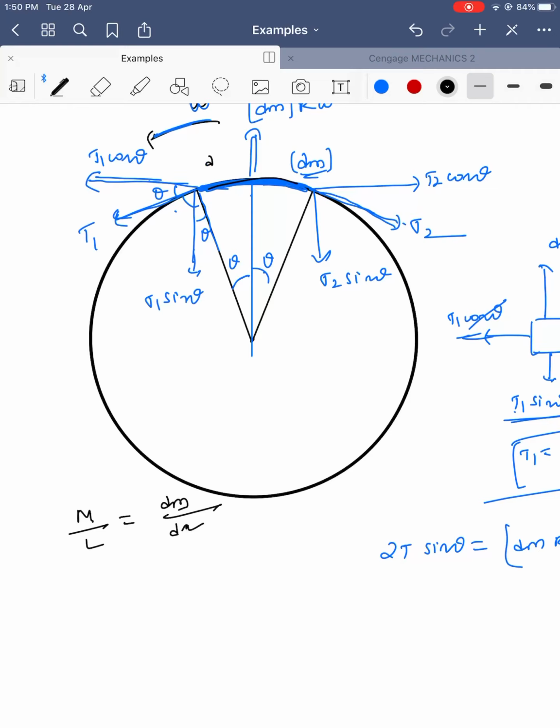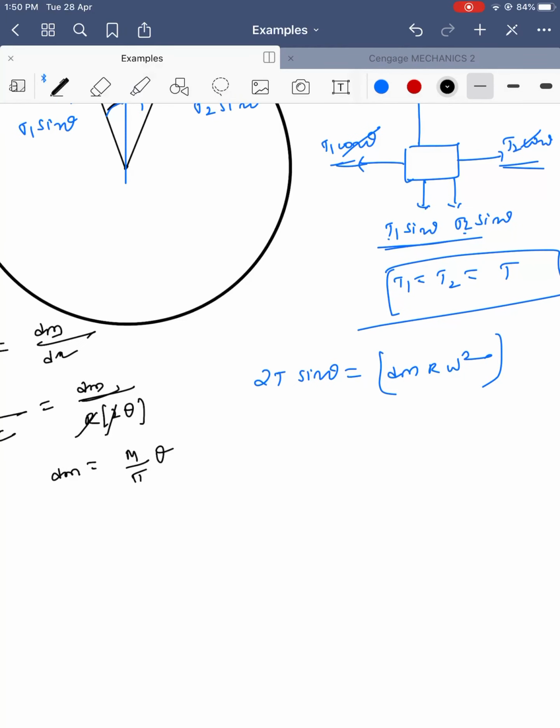The length of the ring is 2 pi r, and the length of this section is r theta plus r theta, so 2 r theta. The r gets cancelled, so dm is equal to m by pi into theta. So I write 2T sin theta is equal to m by pi theta into r omega square.